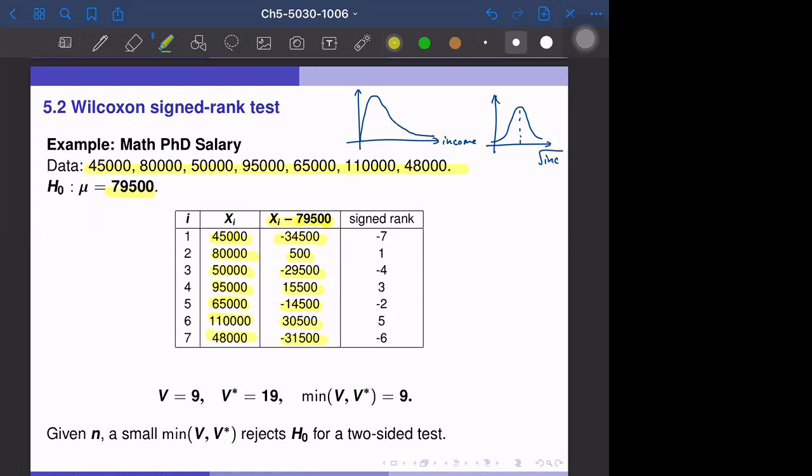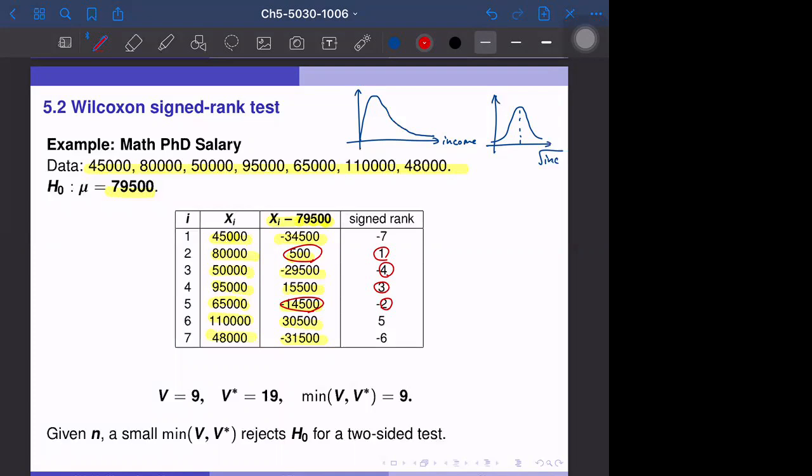Then we order these numbers, ignoring the sign, positive or negative. You can see that 500 is the smallest if we ignore the sign, and 14,500 is the second smallest. So 1, 2, 3, 4, we just go one by one.